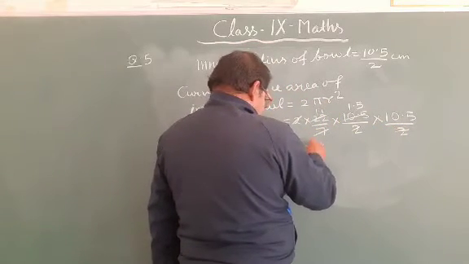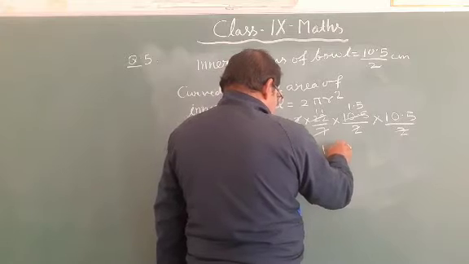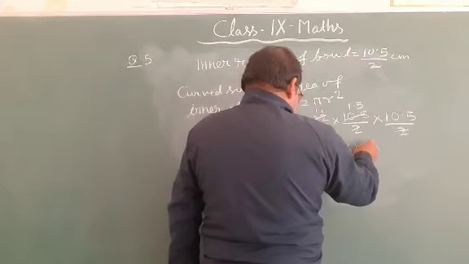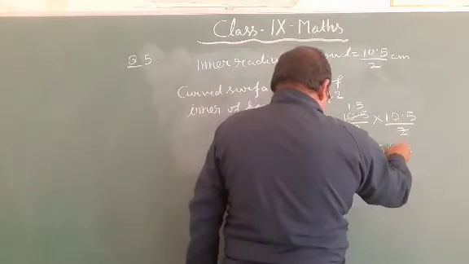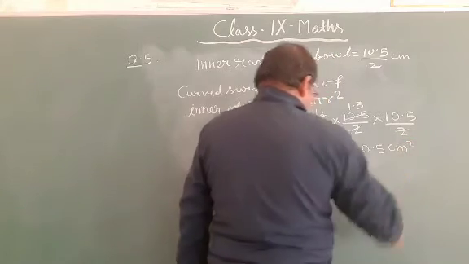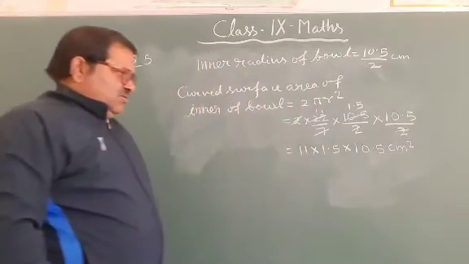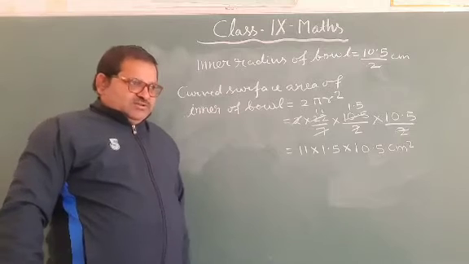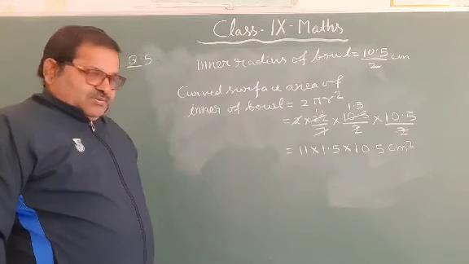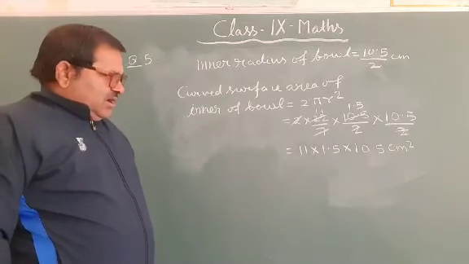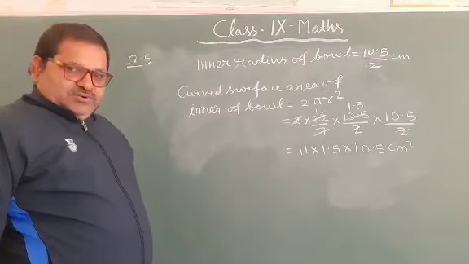So 11 into 1.5 into 10.5 centimeter square. This is the curved surface area of bowl.